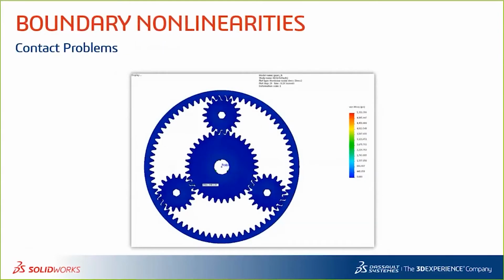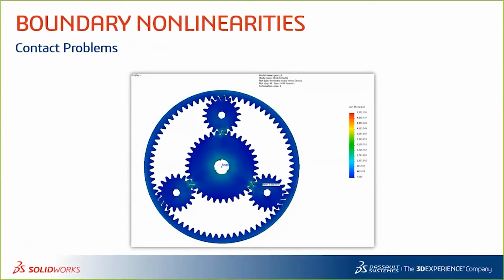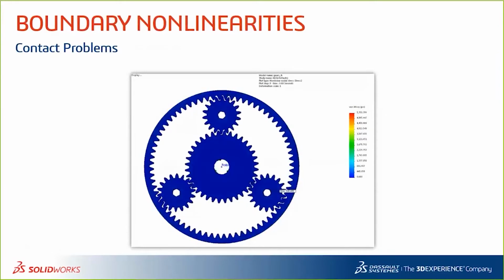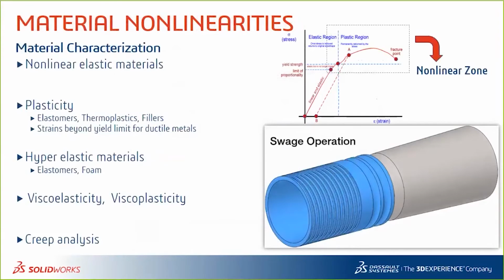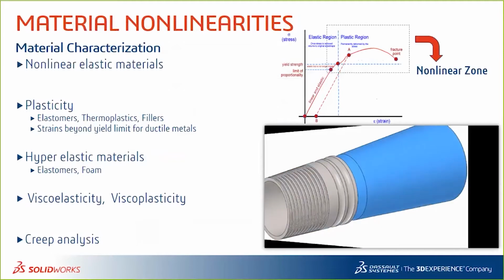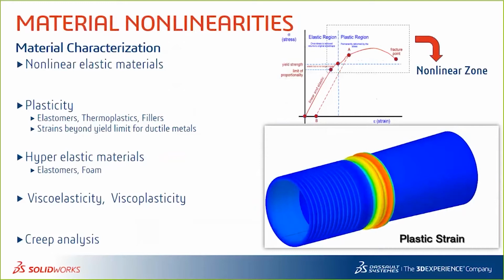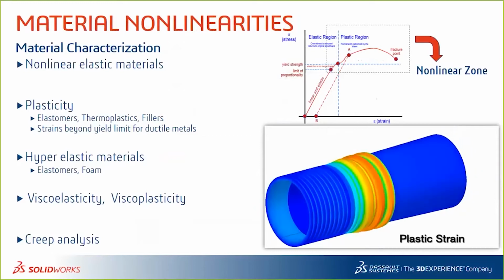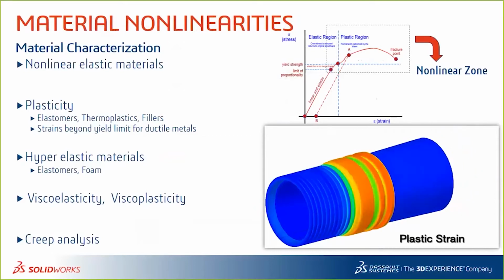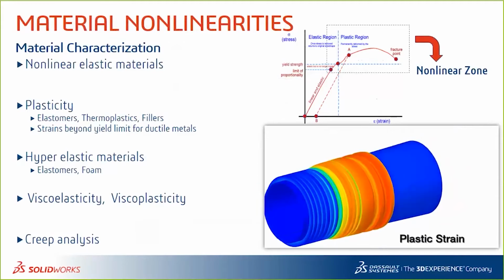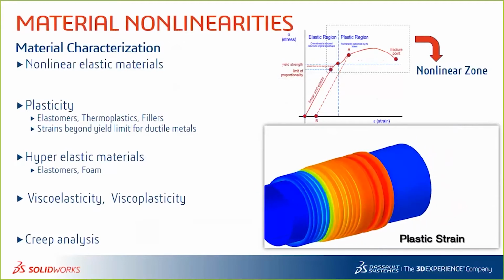In this next example, we have a nonlinear contact problem of a set of gears. And lastly, we also have the most common type of nonlinear, which is material, where if you have a plastic material, hyperelastic material, or viscoelastic material, this all falls under nonlinear. This is certainly an extension from yesterday when we talked about additive manufacturing.